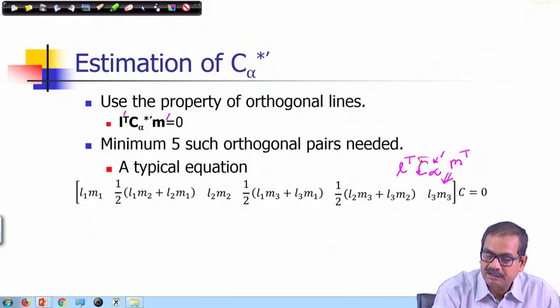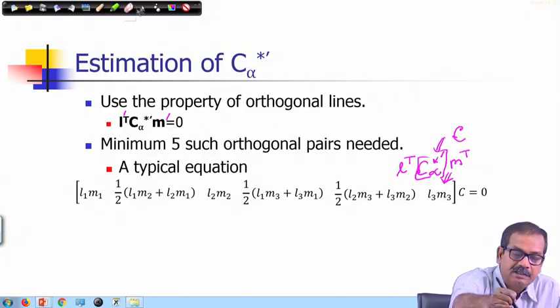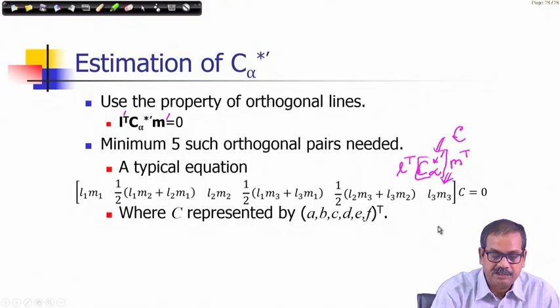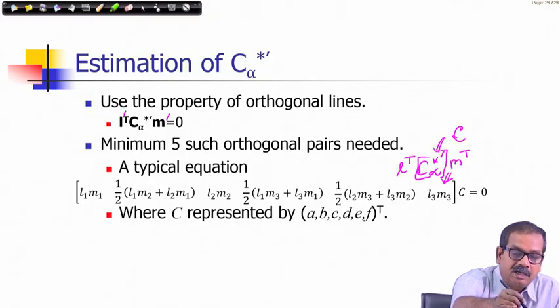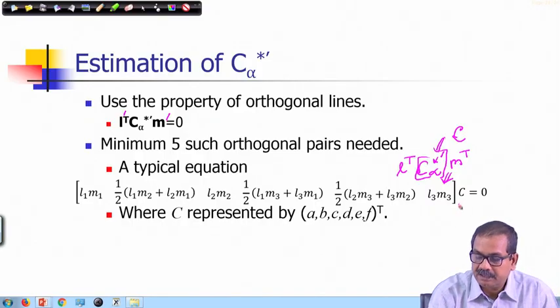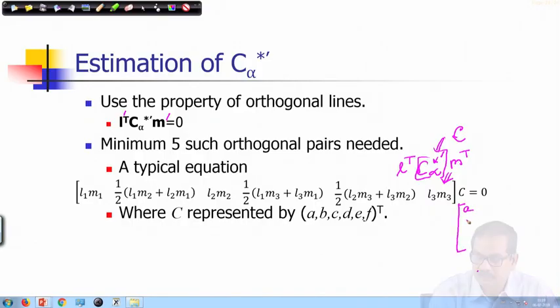So, I will be estimating this, and I am replacing by the corresponding conic variable C, which is represented by the parameters A, B, C, D, E, F, which means I can write C as a column vector A, B, C, D, E, F. These are the parameters, and C can be represented as a symmetric matrix using those parameters.